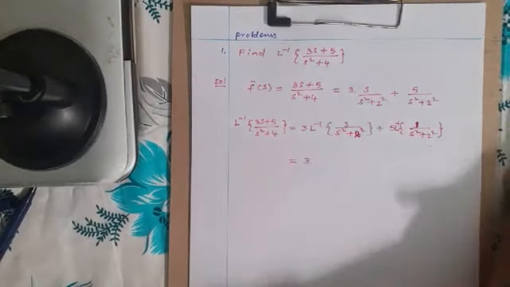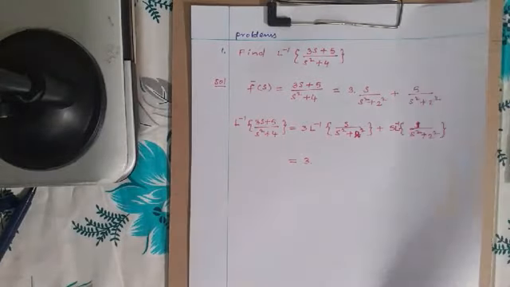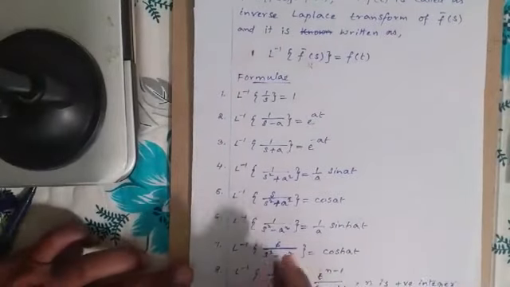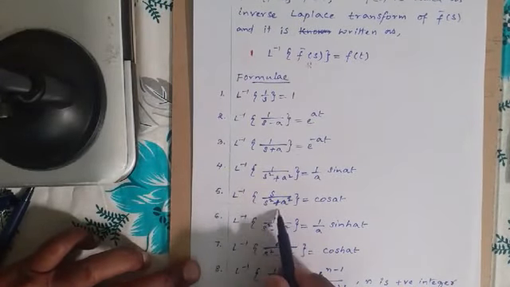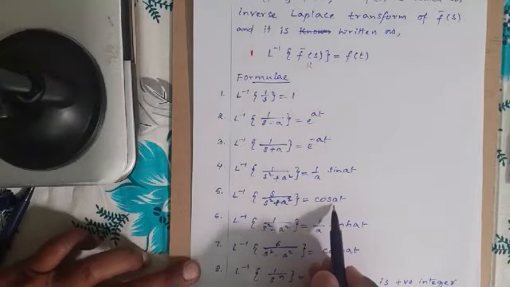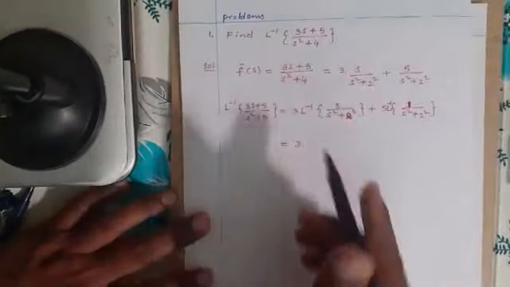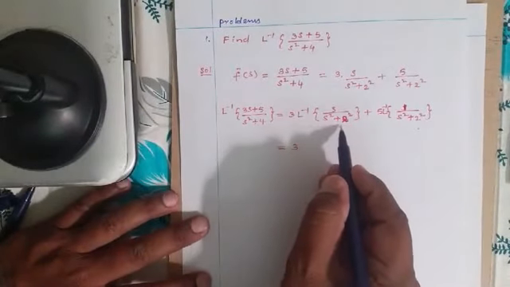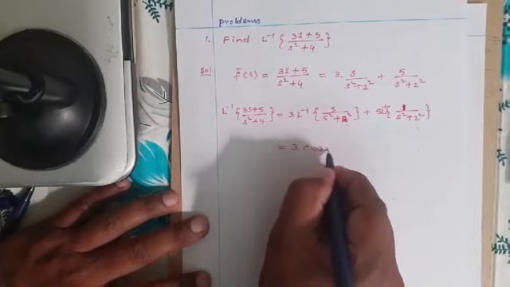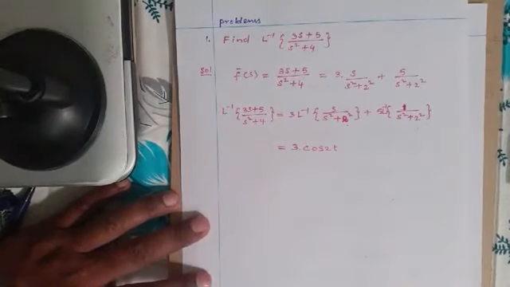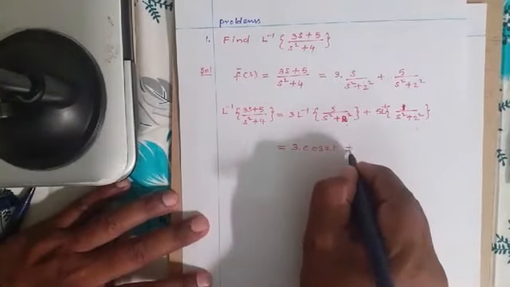When you see the formulas, L inverse of s upon s square plus a square is cos at. So here we got L inverse of s by s square plus a square, so we can write cos 2t, because a is 2, plus 5.